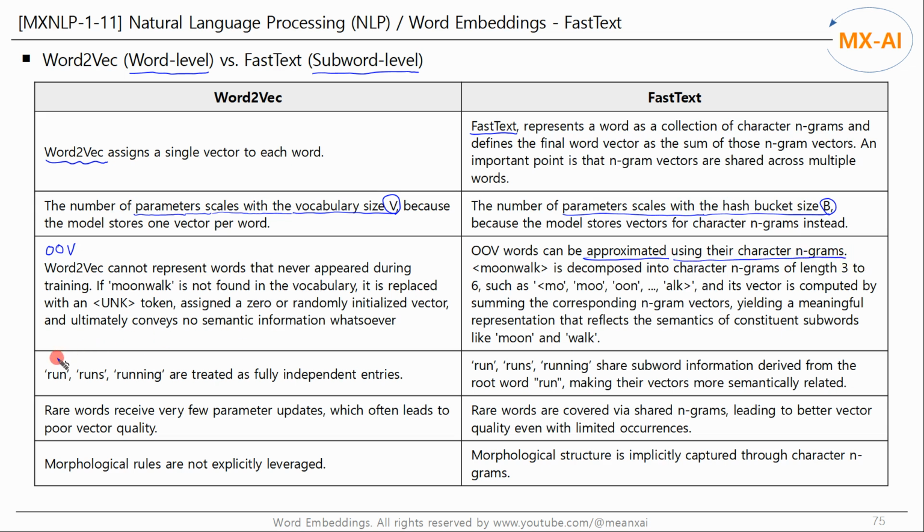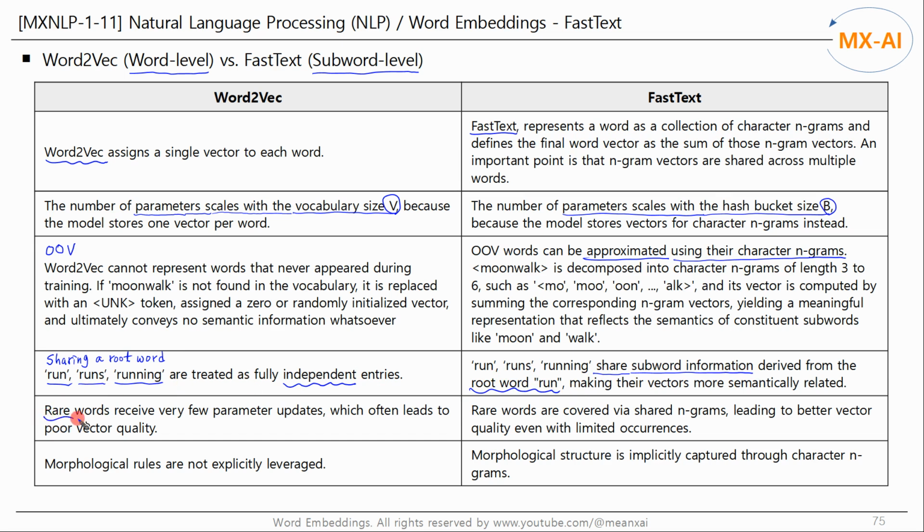There is also a major difference in how the models handle words that share the same root. In Word2Vec, words like run, runs, and running are treated as completely independent entries. By contrast, FastText allows these words to share subword information derived from the root word run, making their vectors more semantically related.